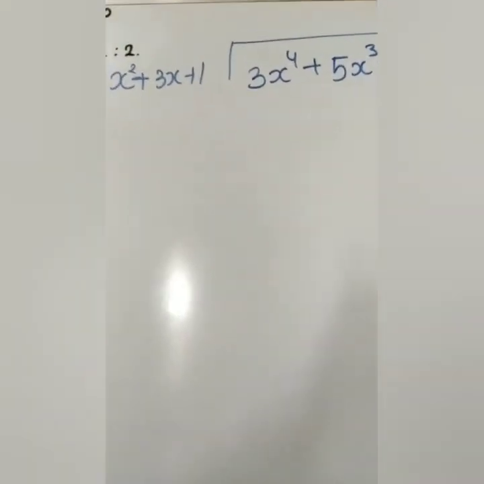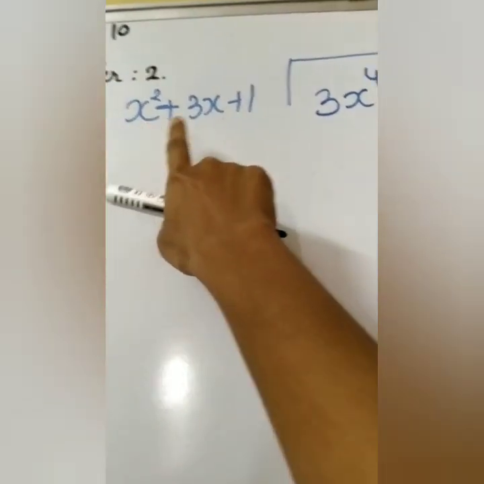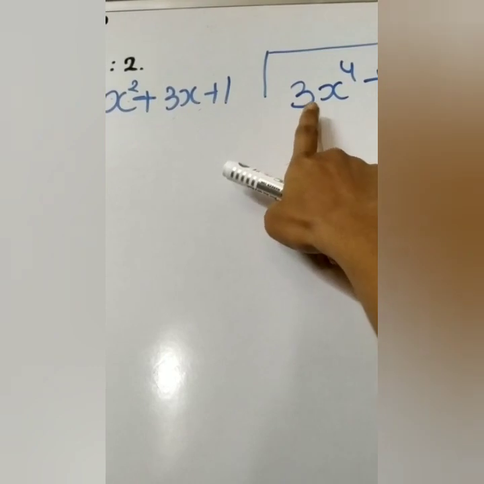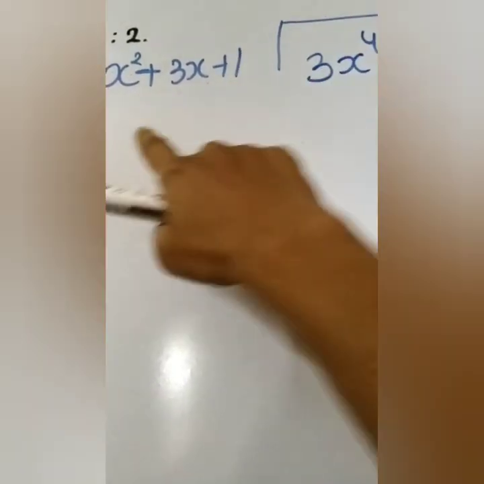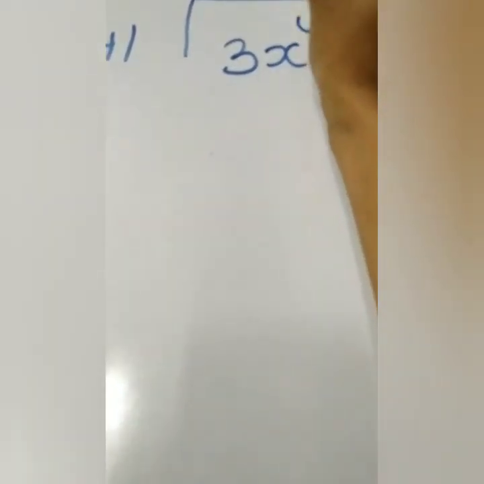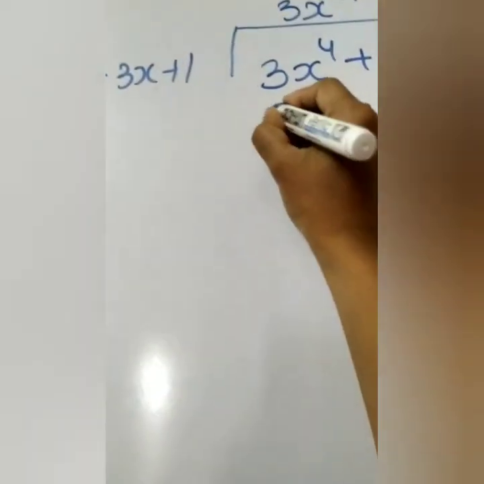So now we do not have to add anything. Here what we have to do is, it is x raised to 4, so we want an extra x square as well as this 3. So we will multiply this g of x with 3x square. So it will become 3x raised to 4.